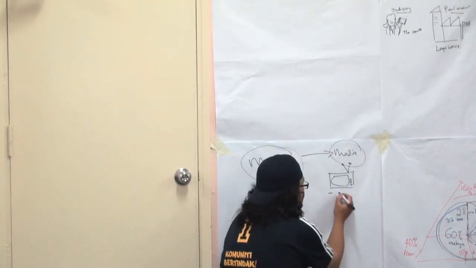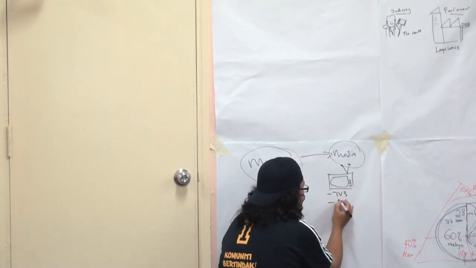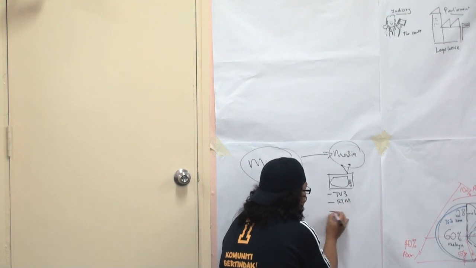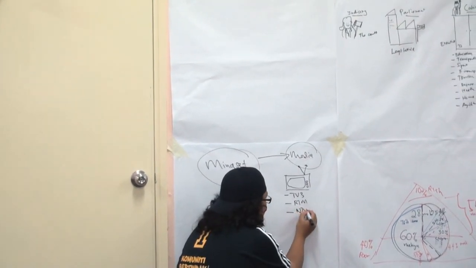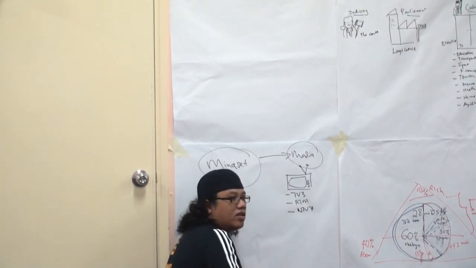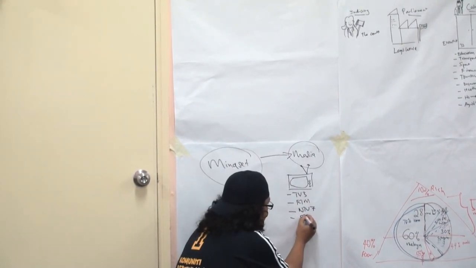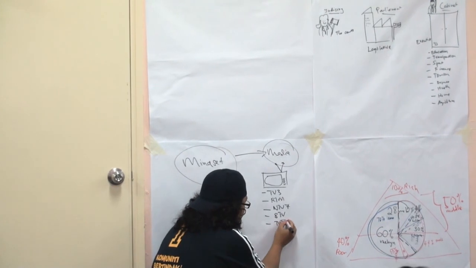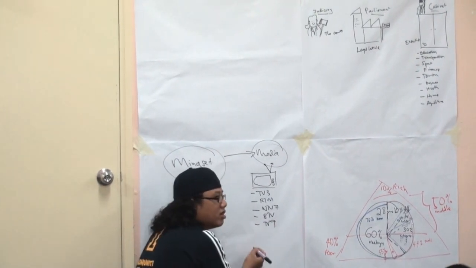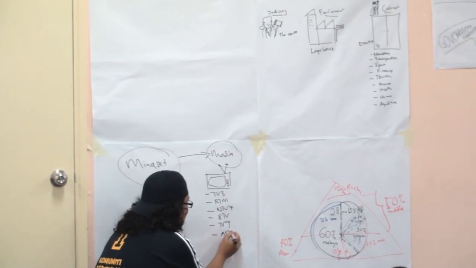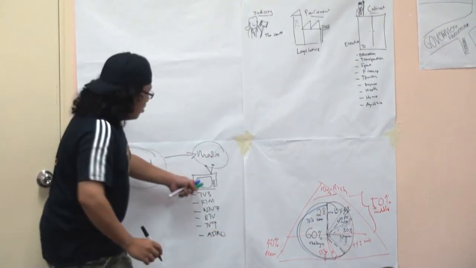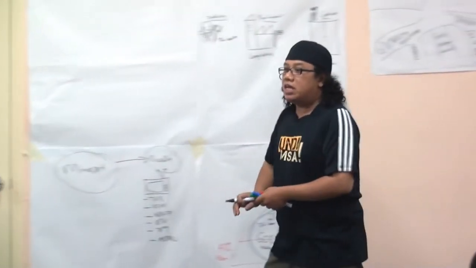RTM. So, TV. So you have TV as part of media. What else is part of media? Radio.